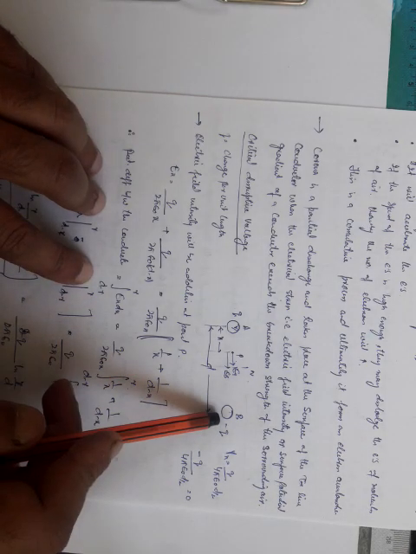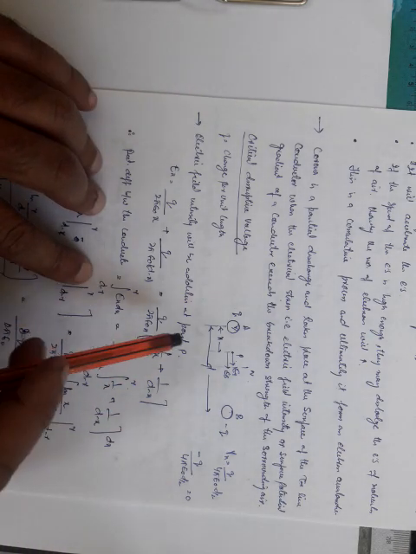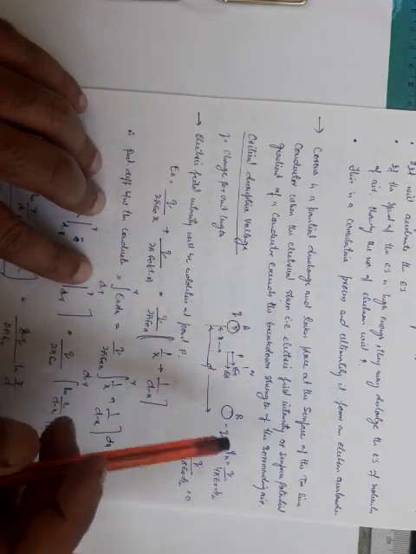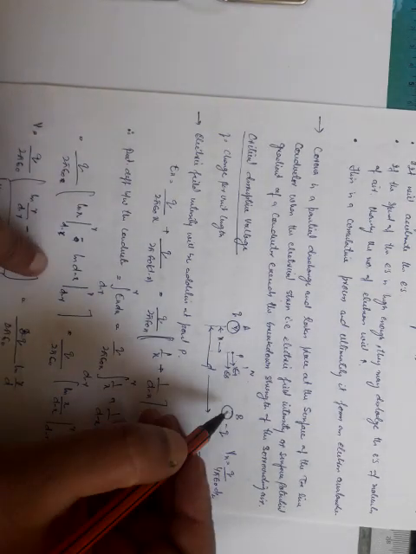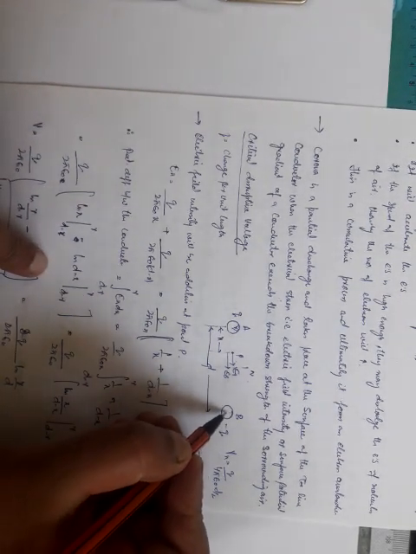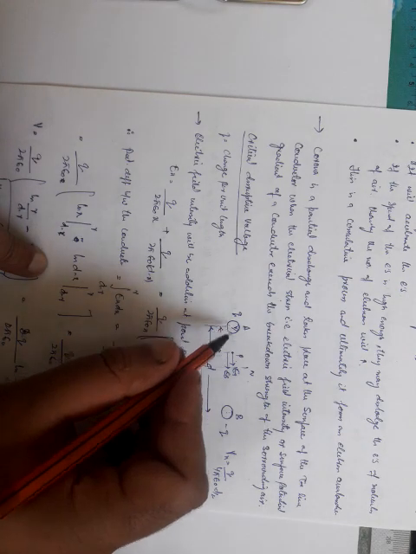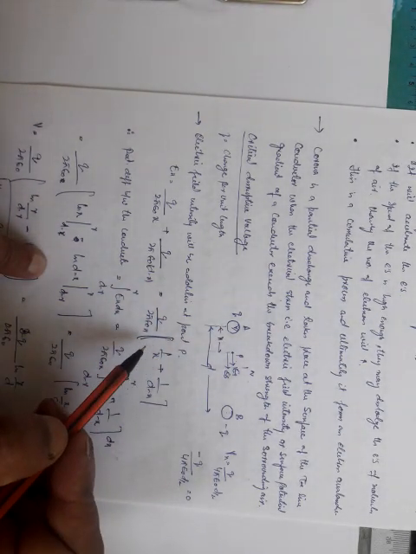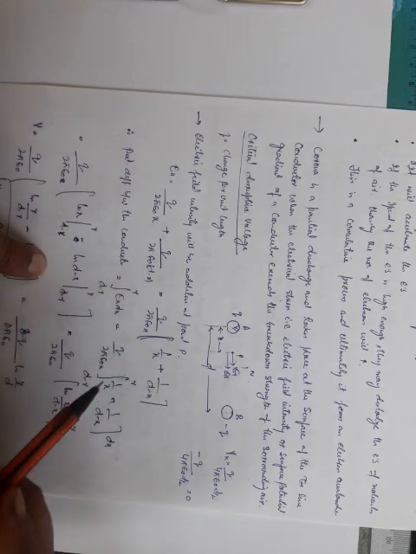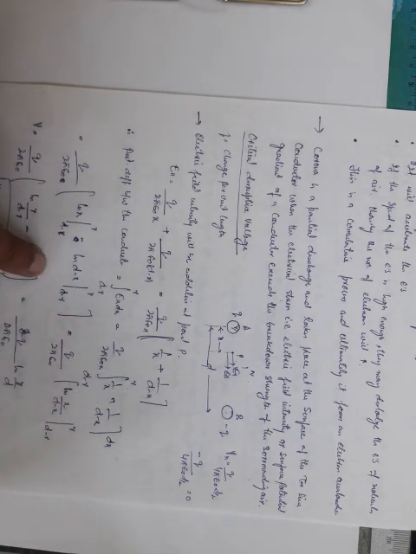From the surface of this conductor, that is d minus r, we have taken this to be origin, and the surface of this conductor will be here. From here to here it is r, we are considering both of them to be of the same radius, so it will be from d minus r to r. By employing this equation, we'll get q by this and this, and finally the final expression will be equal to this one.